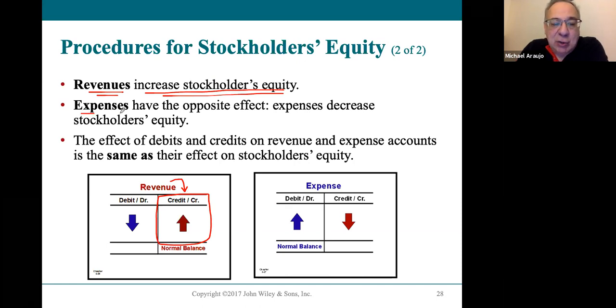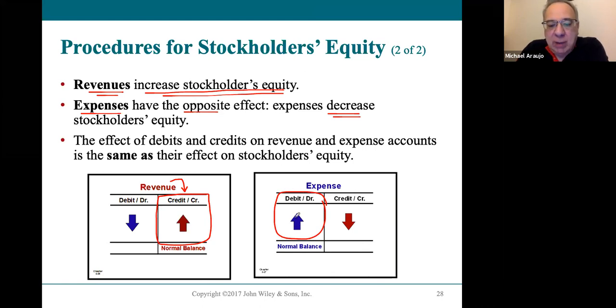The opposite is true for expenses, right? Expenses have the opposite effect. We have to decrease retained earnings. So all expenses are shown on the debit side of their account, whether it's rent expense or salaries and wages expense.